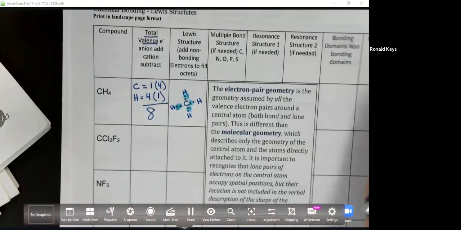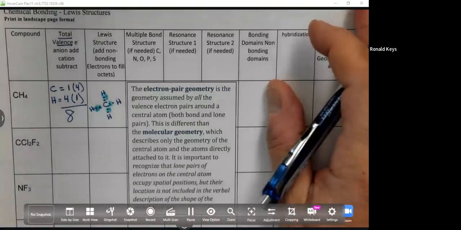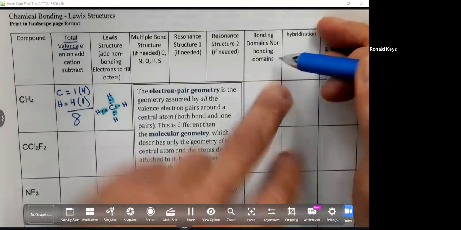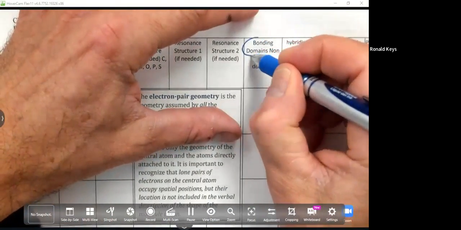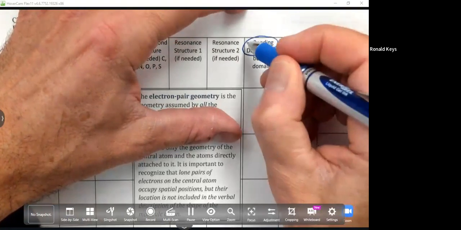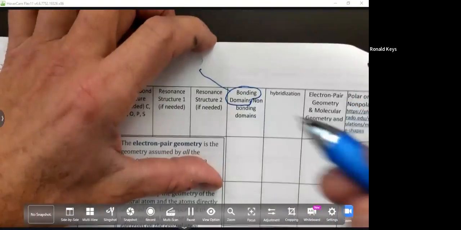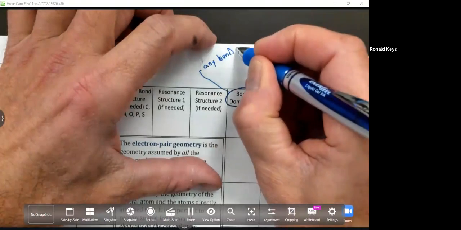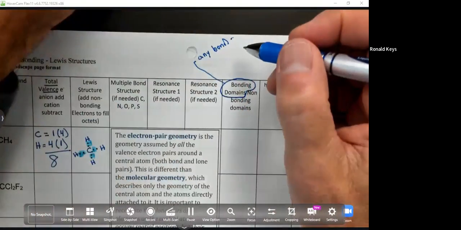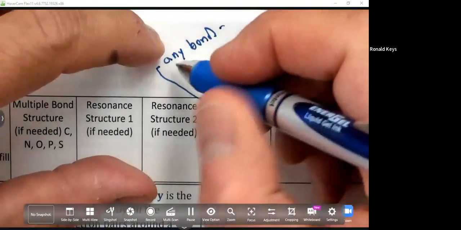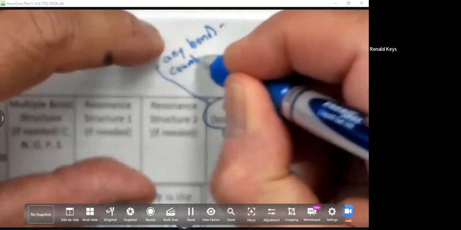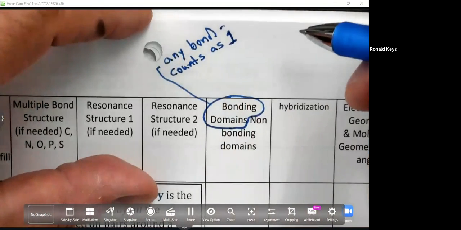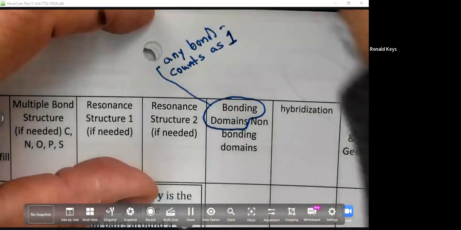We'll get to that. Now, I have this term here, bonding domains, non-bonding domains. For our bonding domains, any bond counts as 1. Now, what do I mean by that?